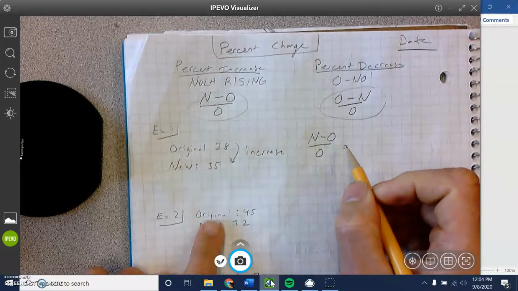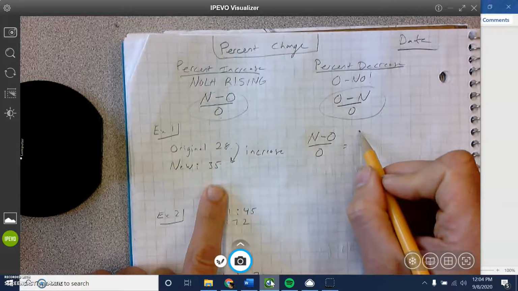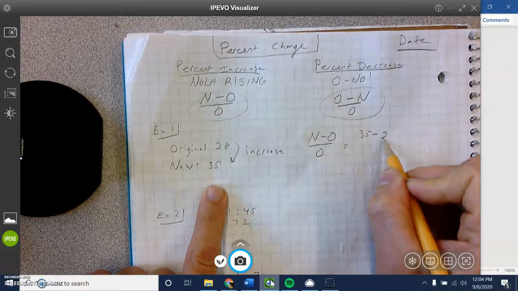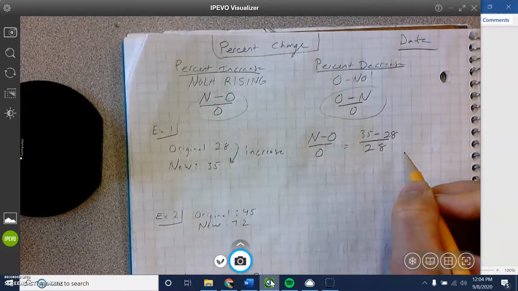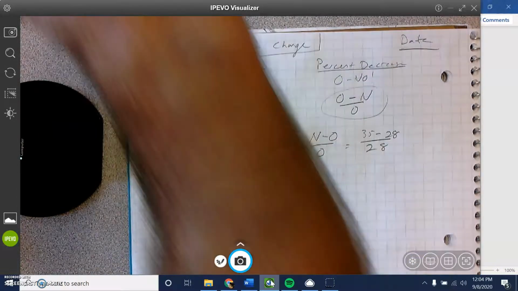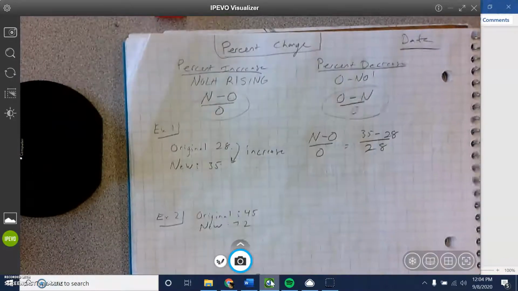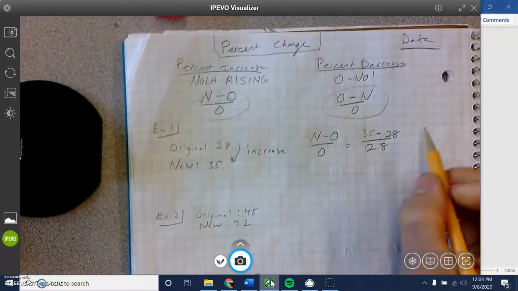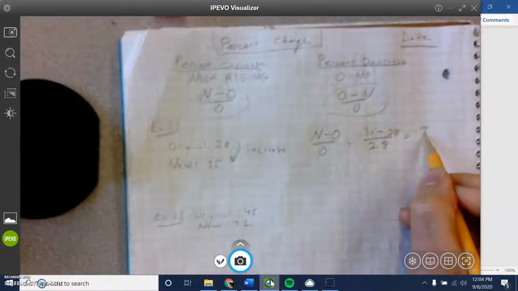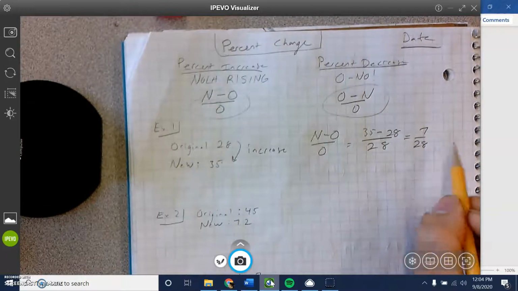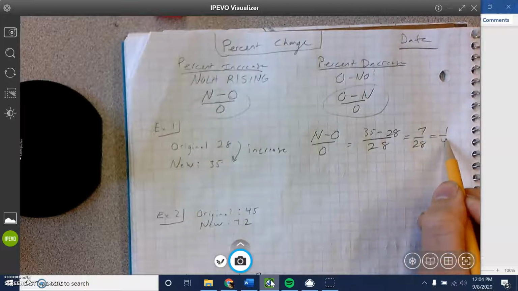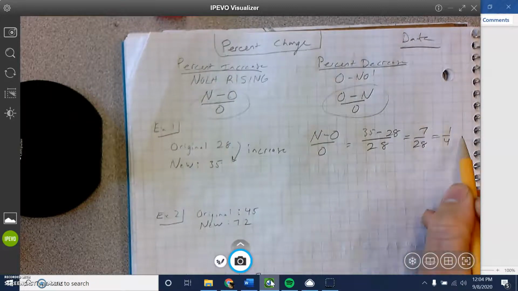Now just plug in. The new is 35 minus 28 divided by the old, which is 28. So 35 minus 28 is 7 over 28, which is 1/4 if you simplify.